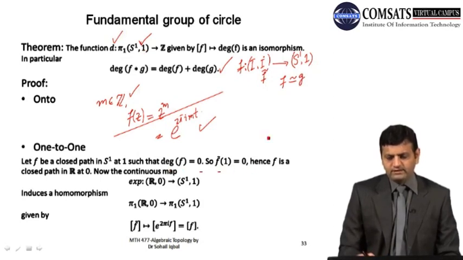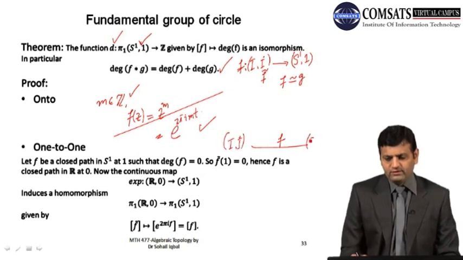So remember that we have calculated for any loop, which is a continuous function between these two pointed topological spaces, there exists a unique f tilde, and we have taken this t naught to be 0, and this is the map exp, and we can calculate the winding number by f tilde of 1. So if the degree is 0, which means the winding number is 0, which means f tilde of 1 is 0.